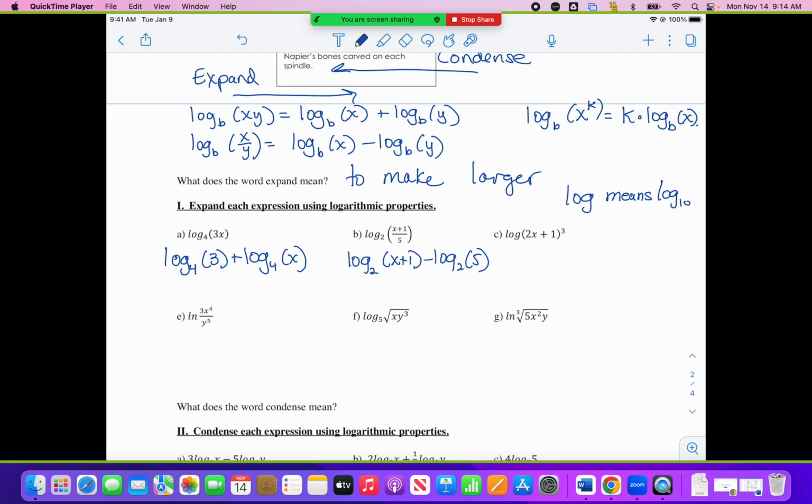I have the power property that says I can bring the power down. And it's 3 times the log of 2x plus 1. Now we just talked about this. Can I split the log of 2x plus 1? No. We just did that on the board. x is a placeholder for a number, right? So if I can't do log 2 plus 3, I can't split log 2x plus 1.